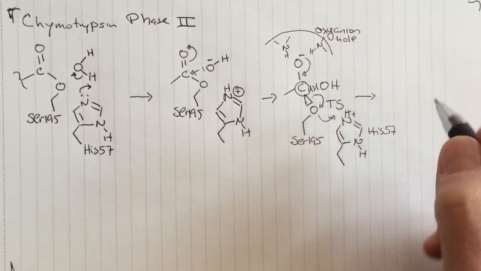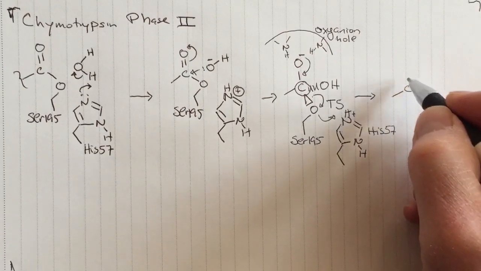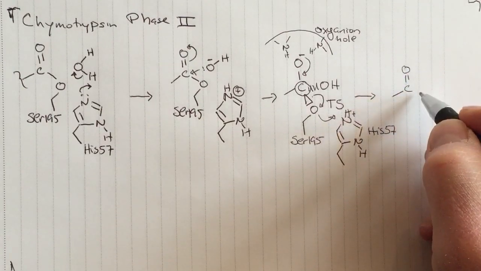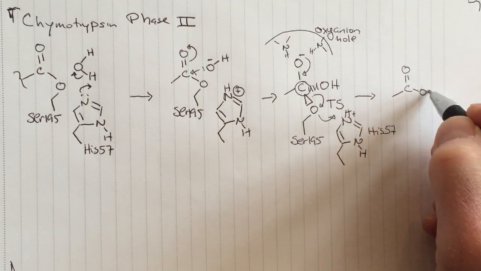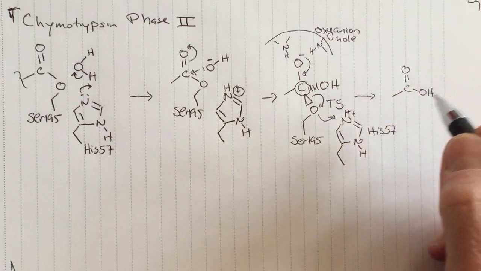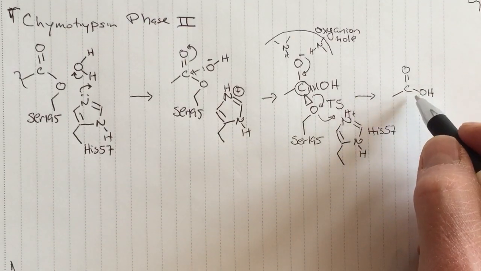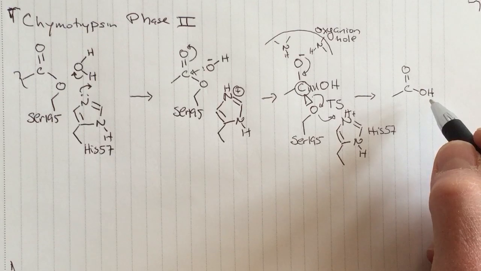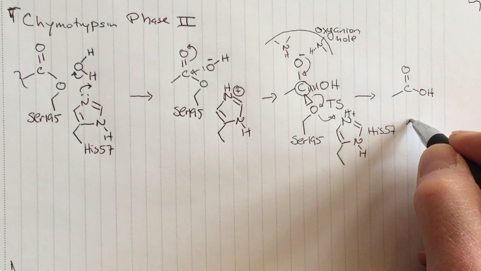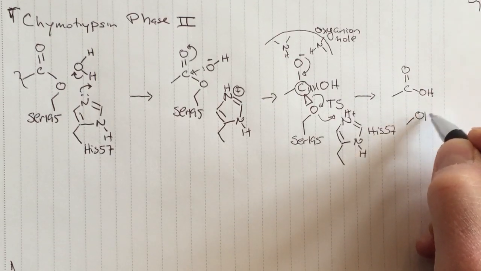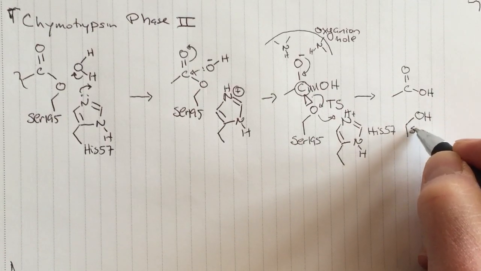So if it resolves in this direction, we get our free carboxylic acid. This is the other end of the polypeptide after breaking the peptide linkage, and we've regenerated serine 195.